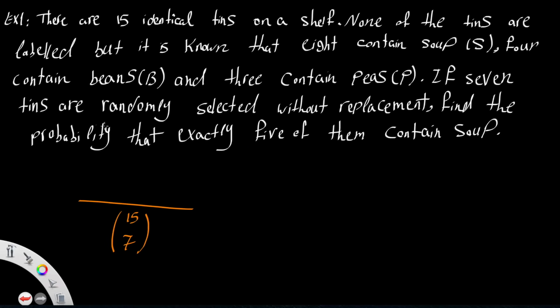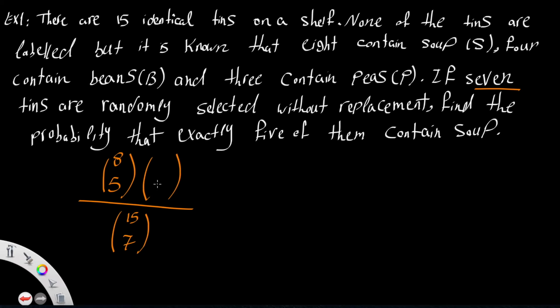But it says you are supposed to find the probability of exactly 5 of the tins containing soup. So you are going to have 5 tins containing soup. How many tins contain soup overall, as given in the question? It is 8. So you are going to select 5 out of these 8 tins, but overall you were supposed to choose 7 tins, so 2 more options there are to select.